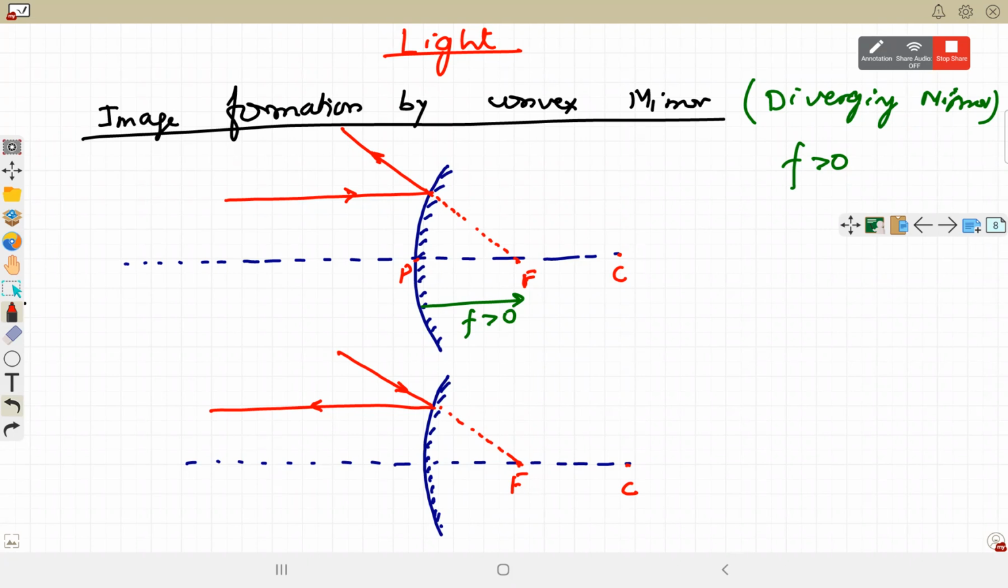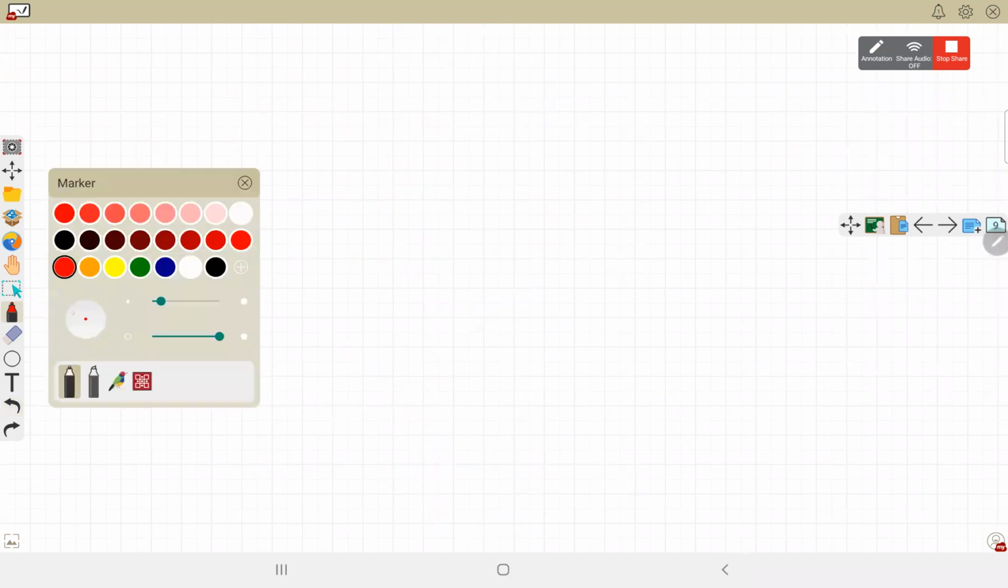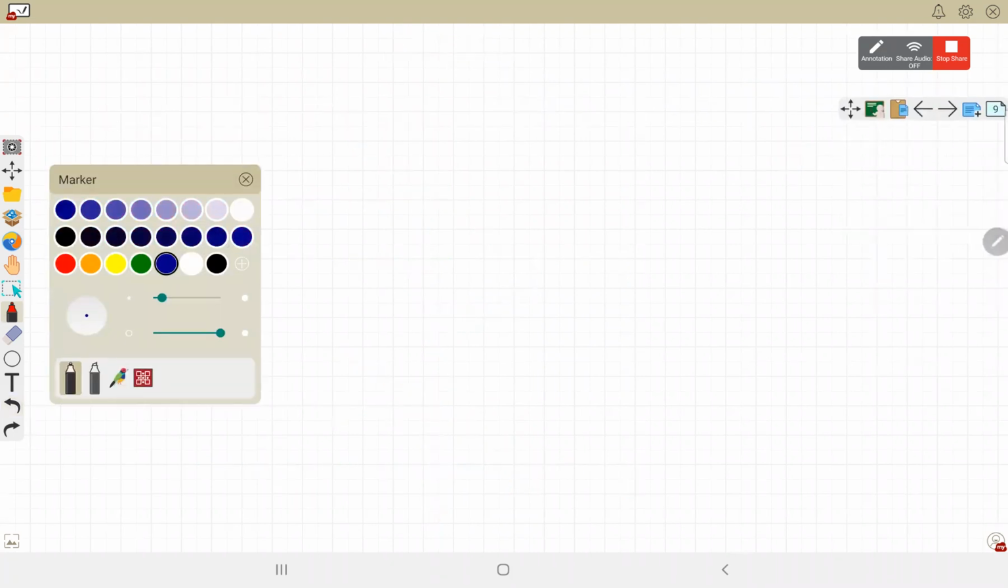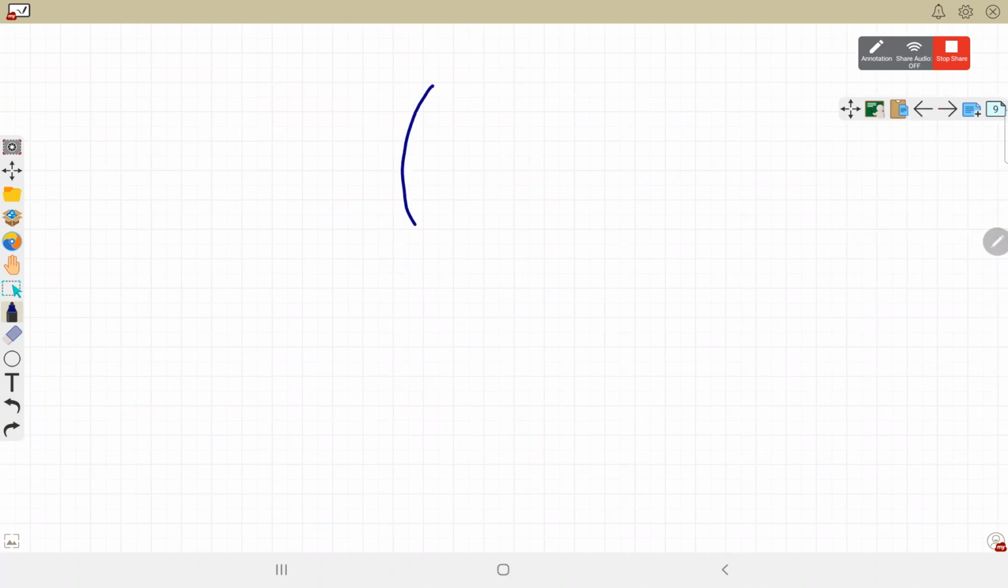Okay, third one is if the light ray seems to be incident at the center of curvature, it will be reflected back along the same path, by again using the same concept. Because if it is incident at the center of curvature, it is incident perpendicularly. So if light is incident perpendicularly, that means it will be retracing its path back.